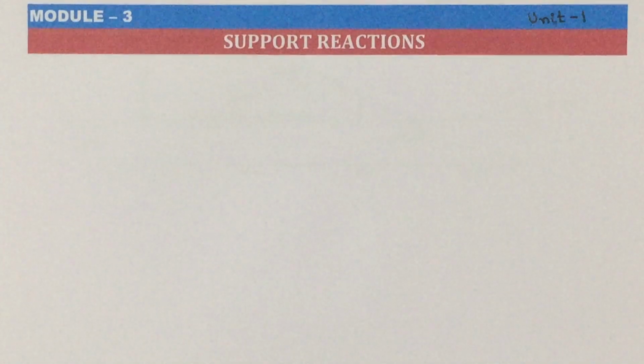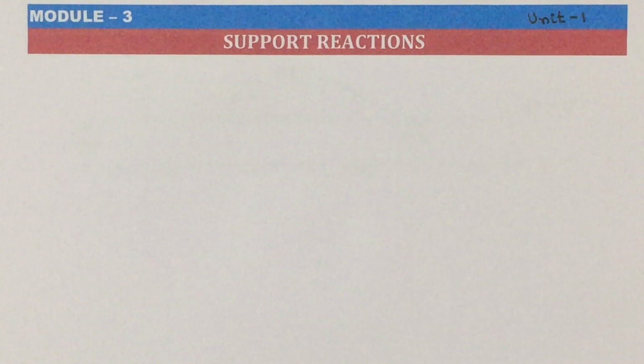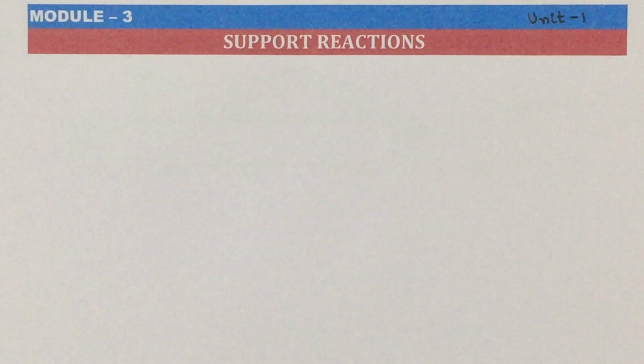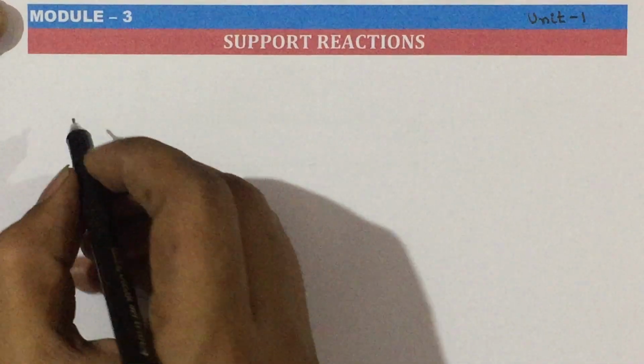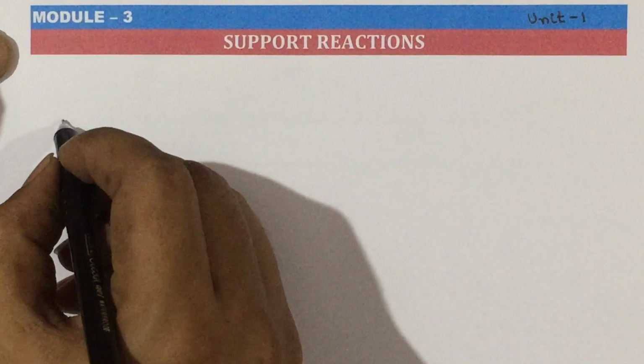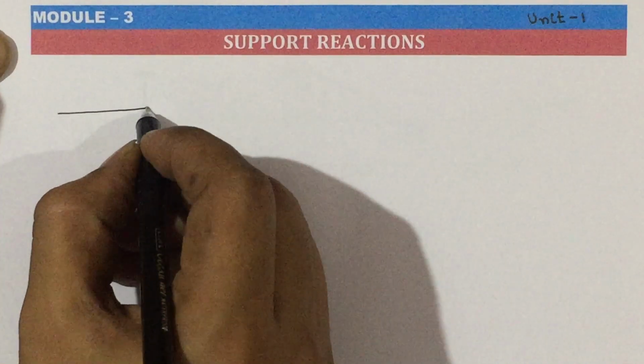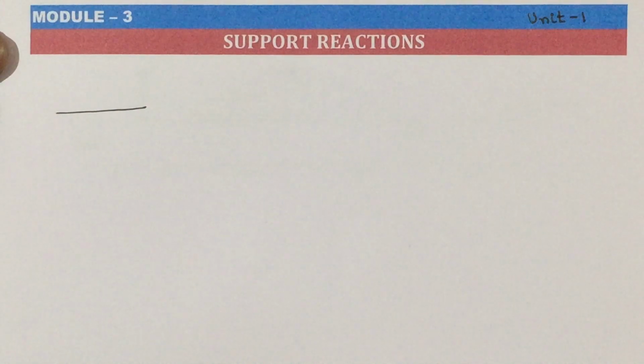Before going to this, we will take the beam structural element and calculate the support reaction in case of beam supports. So, let us take one simple beam problem. The horizontal member is known as the beam.